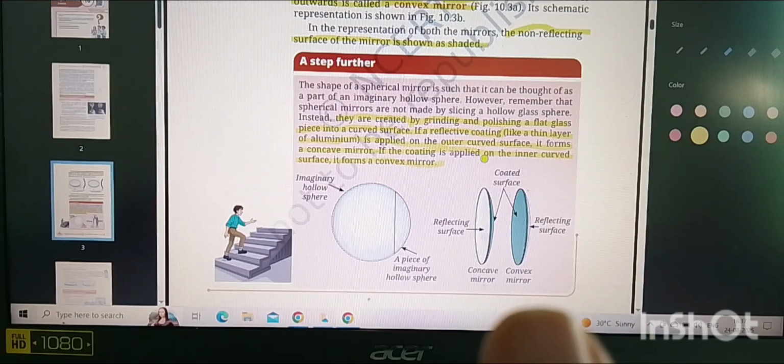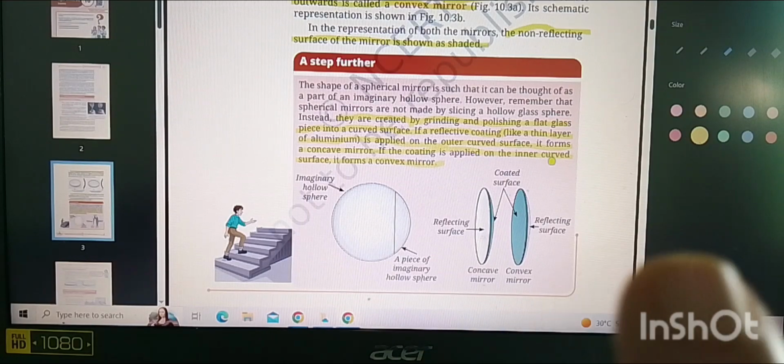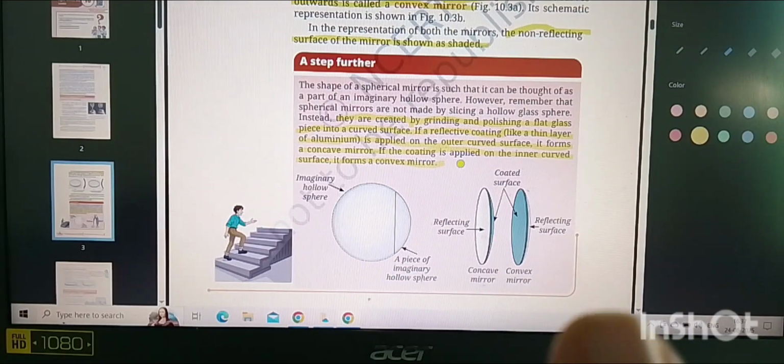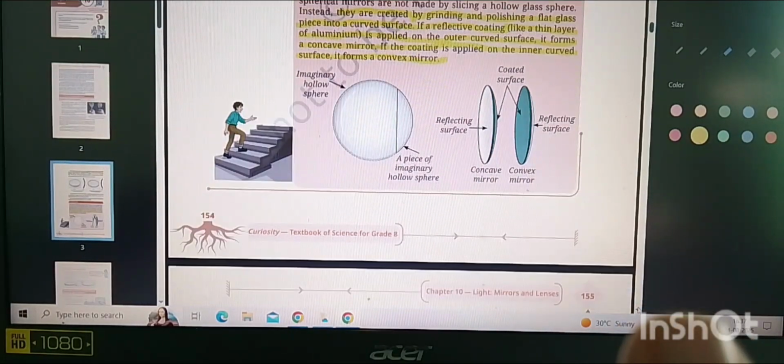If the coating is applied on the inner curved surface, it forms a convex mirror. Here, this side is the reflecting surface. In the case of a concave mirror, we coat the other surface with a thin layer of aluminium. Here, this is the non-reflecting surface, and in the case of a convex mirror, we coat this surface only.